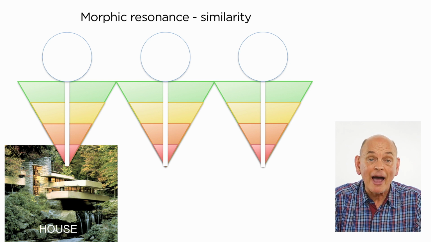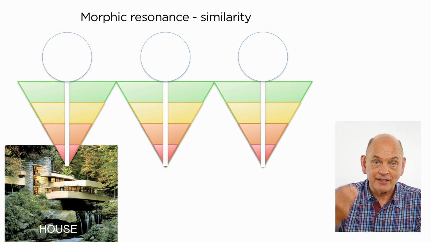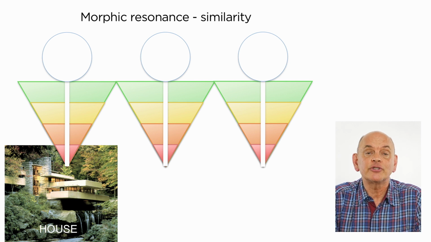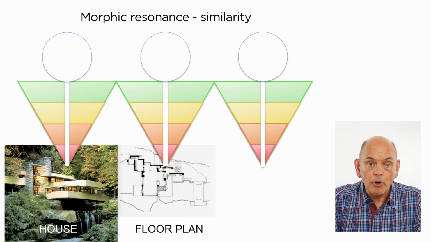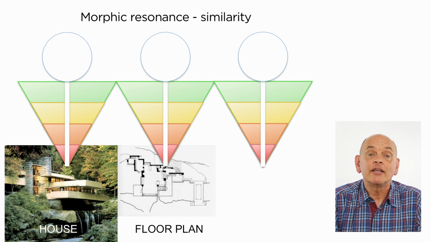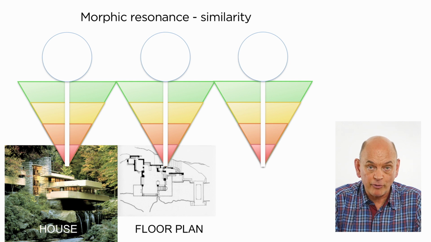And it's inspiring, it's connecting and giving this information into the system. But morphic resonance is based on similarity. So also a floor plan or an aerial photograph is similar with the 4D reality. It's only 2D, but it's such a unique shape and picture that it's also resonating with the morphic field. So in this way you can understand why also a picture resonates with the morphic field.